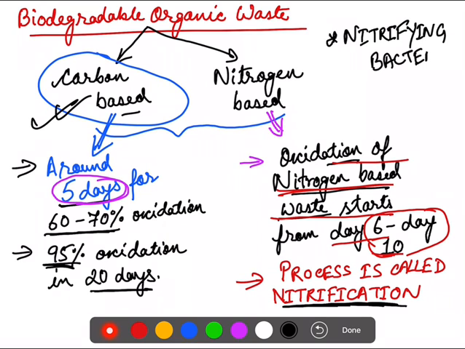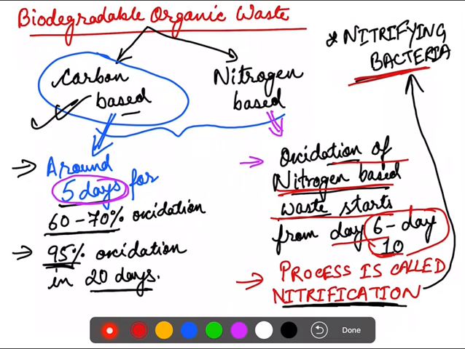So I'm connecting this one. The bacteria which is responsible for the process of nitrification is called nitrifying bacteria. The growth rate of nitrifying bacteria is very slow, hence they do not grow in large numbers.